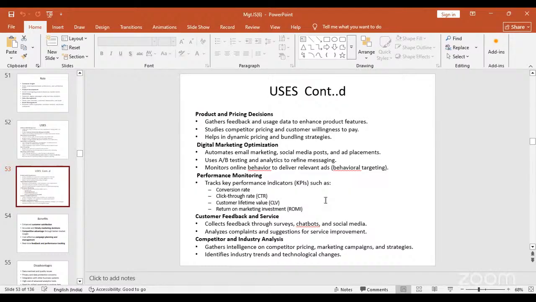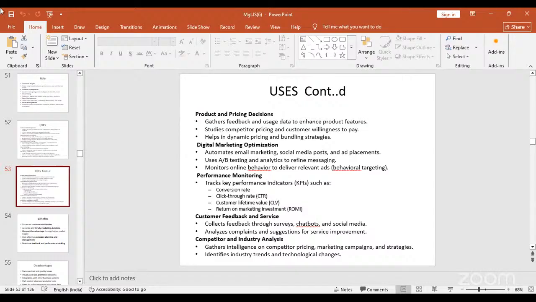Then customer feedback and services: it collects feedback through surveys, chatbots, or social media, and analyzes complaints and suggestions for service improvement. This is another use of the MKIS. So this is all about the marketing information system.